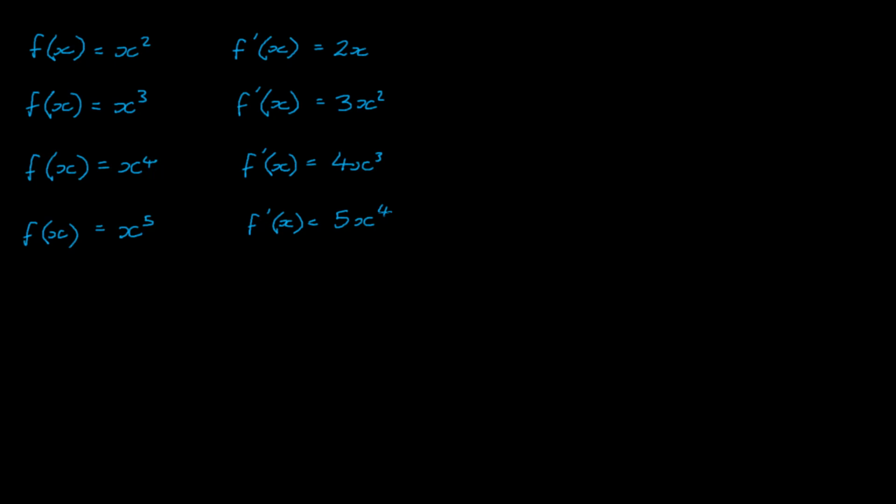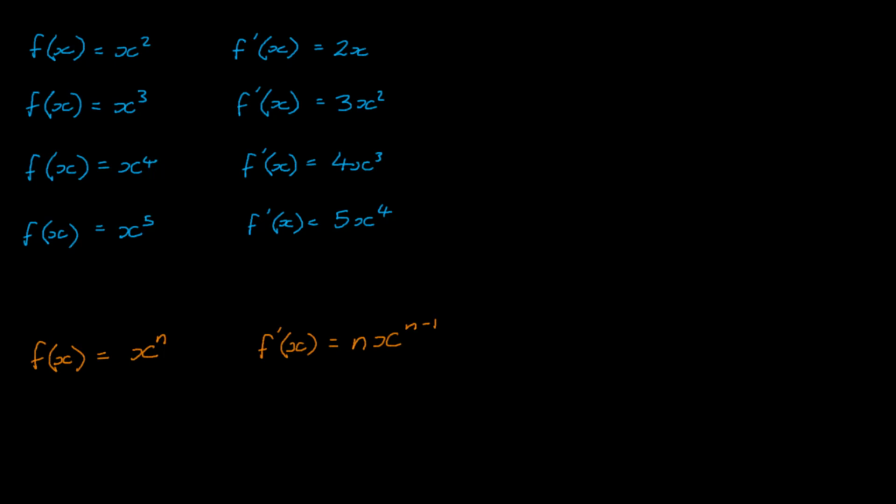It's fairly simple to see that there is a pattern to these. If our function is x to the power of n, then our derivative is always going to be nx to the n minus 1.